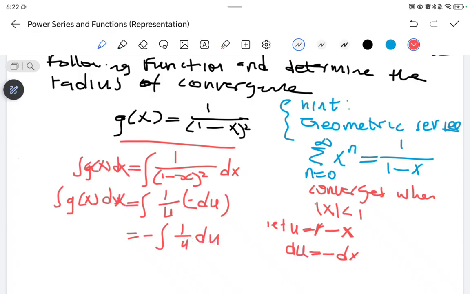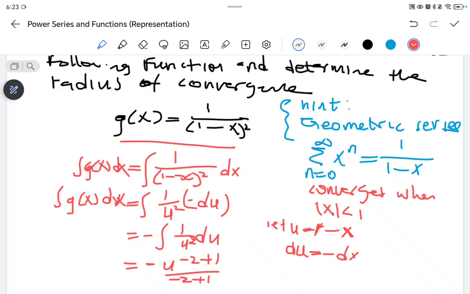I want to check if this is squared. If we integrate in this manner, we are going to get minus u to the minus 2 plus 1 over minus 2 plus 1.